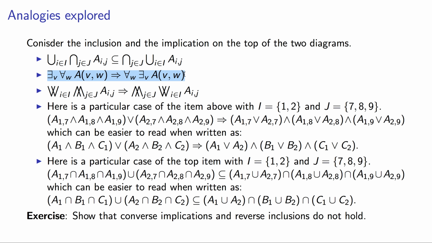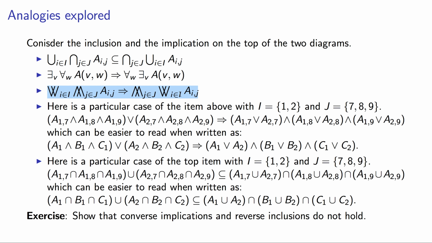This was the implication on the top of the diagram in the lower part of the slide. Let us notice that there is a similar statement concerning big disjunctions and conjunctions.